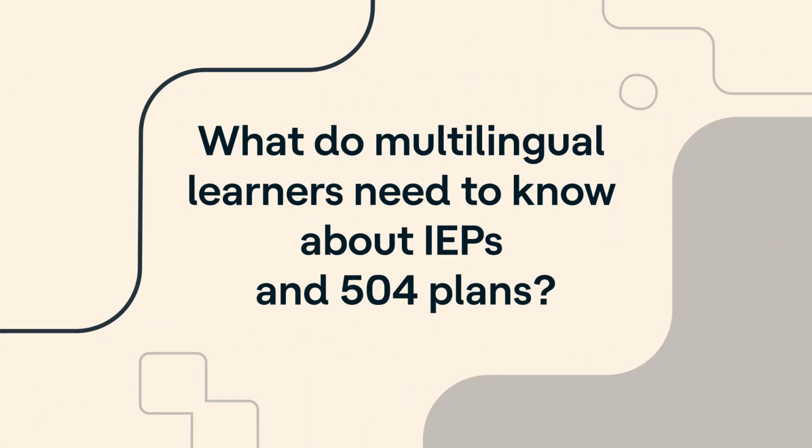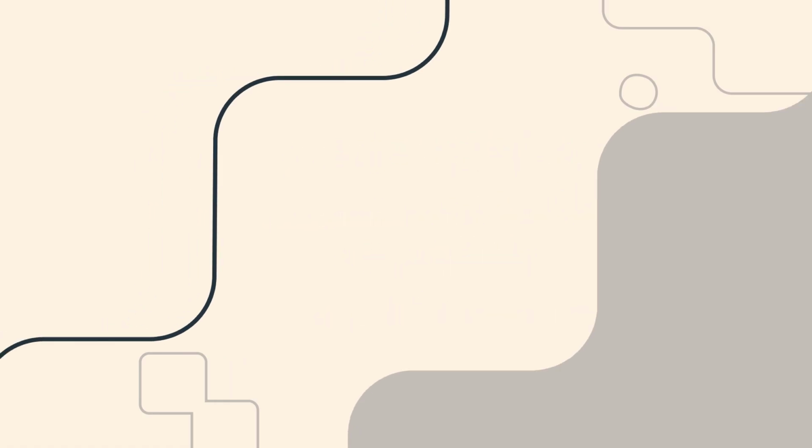What do multilingual learners need to know about IEPs and 504s? There are two really important things that multilingual families need to know about IEPs and 504s. First, getting your child an IEP or a 504 plan does not put you or your family members at any greater risk of immigration enforcement.